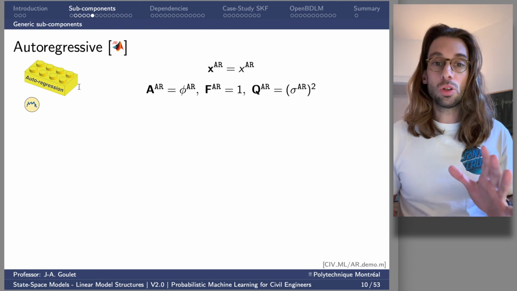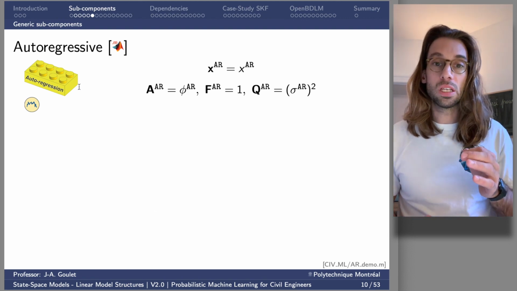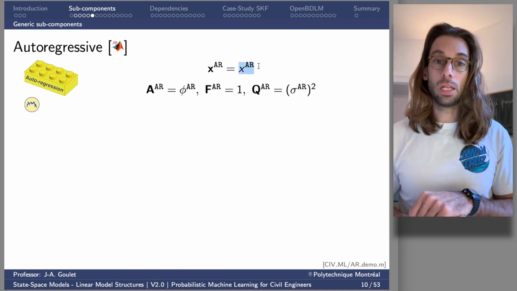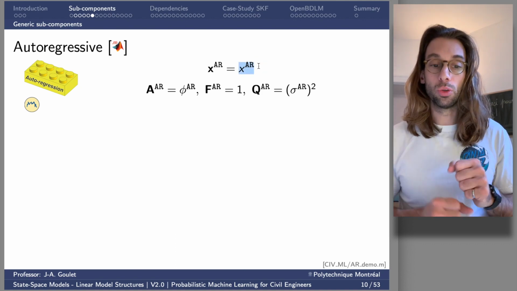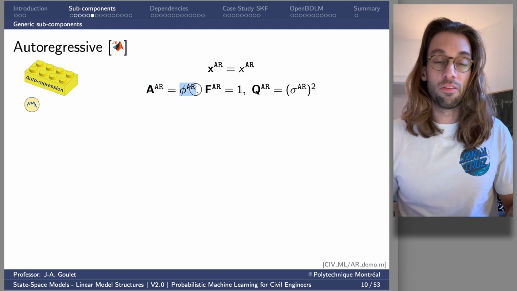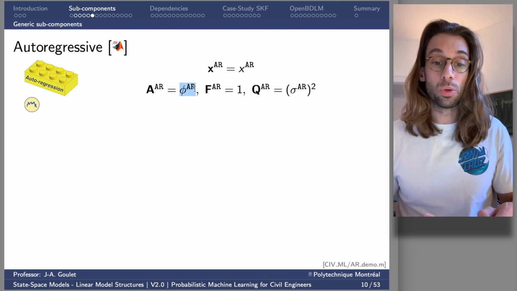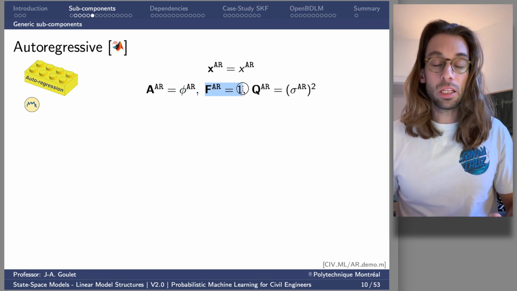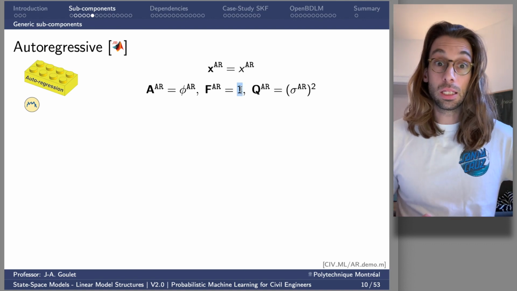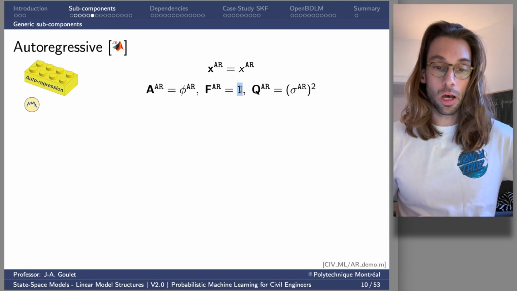For the special case of an autoregressive process of order 1, we're going to have only one hidden state, okay? X AR for autoregressive. My transition matrix is here phi AR, my autoregressive coefficient. I'm going to directly observe this hidden state in the observation model.